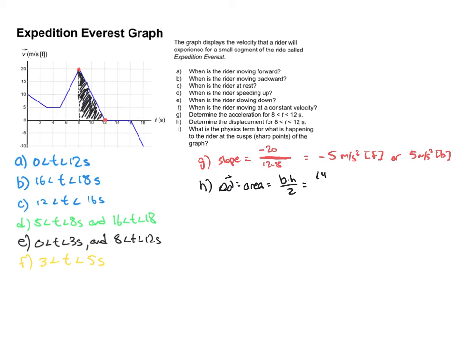that's on the time axis. The base is on the time axis, so the units would be seconds, 4 seconds. And then the height, so the height is vertical. It corresponds to the velocity axis. So it's 20, but the units on the velocity axis are meters per second forward.